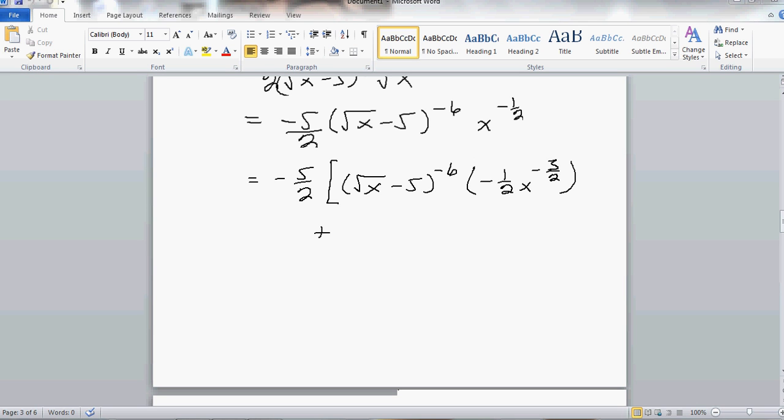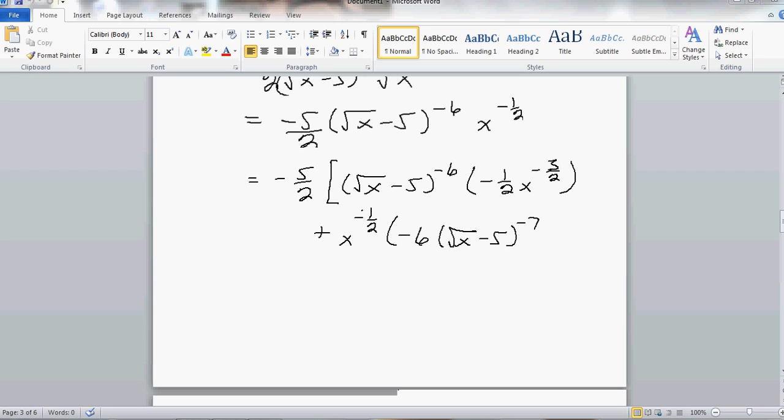Plus, now I'm going to leave this one alone, x to the -1/2, times the derivative of this. But in order to do the derivative of this, we need to use the chain rule. The chain rule says, take the derivative of the outside one, which is raising it to the -6th power. So it's going to be -6 times square root of x minus 5 raised to the -7th power.